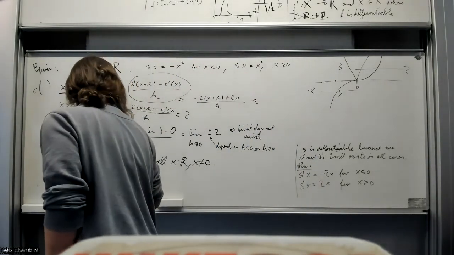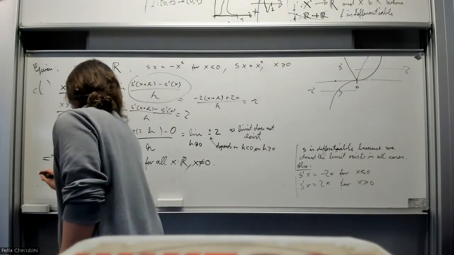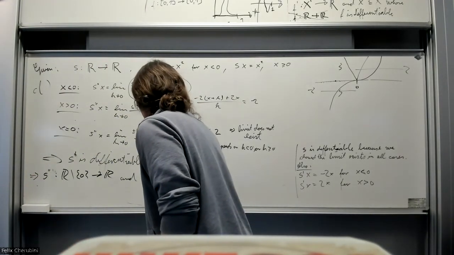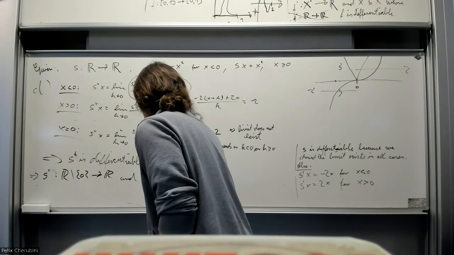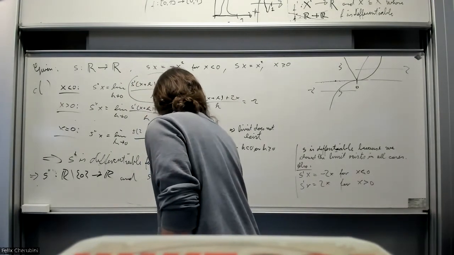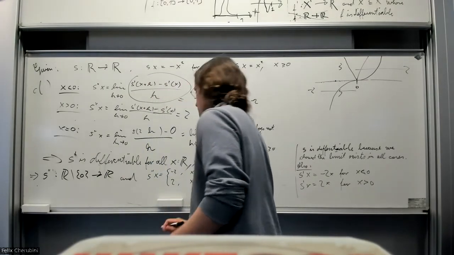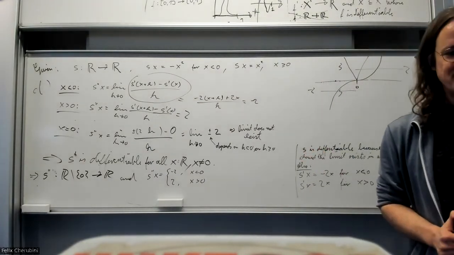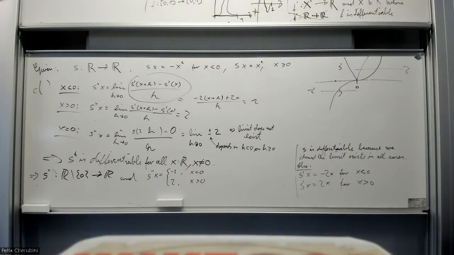Okay, S double prime of x equals -2 for x smaller than 0 and 2 for x greater than 0. Done.